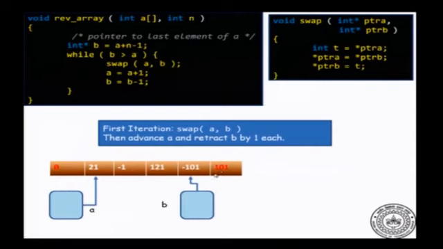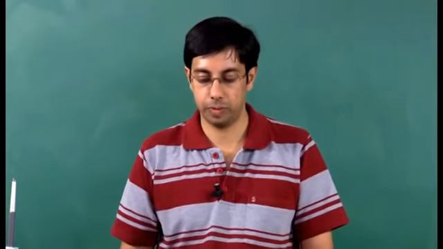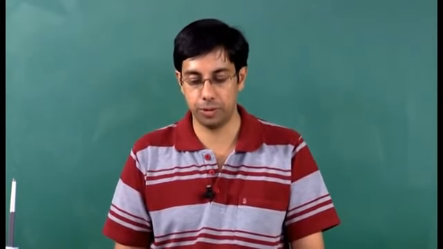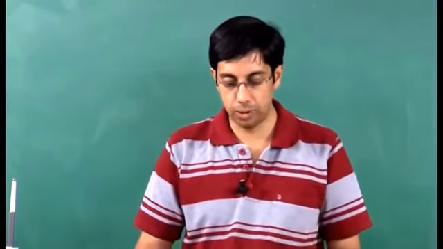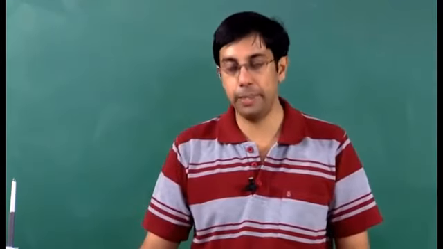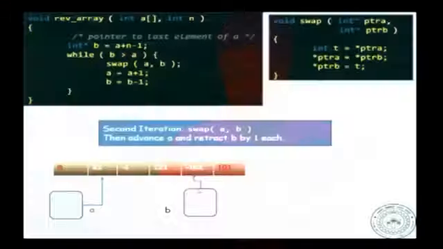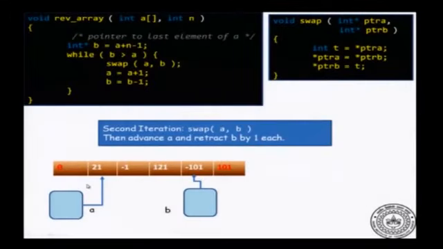Okay. Now once that happens, A advances by 1 integer location, B goes back by 1 integer location. Okay, so this is the state after the first iteration. In the second iteration, you start with A at 21 and B at minus 101. Again B is greater than A, so you swap.